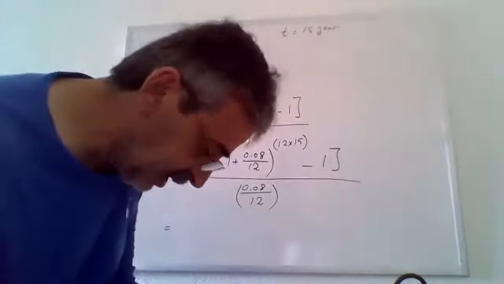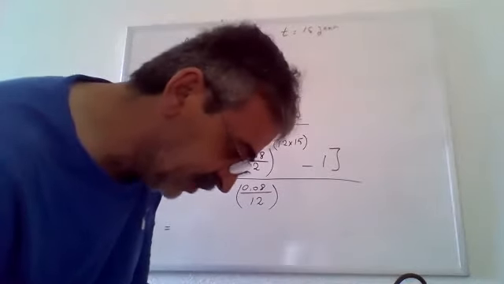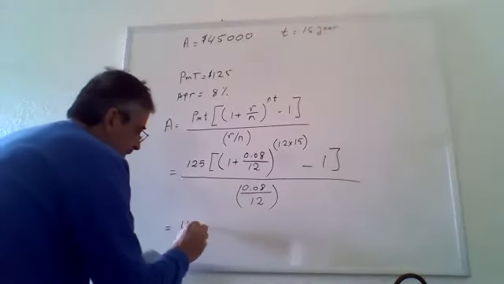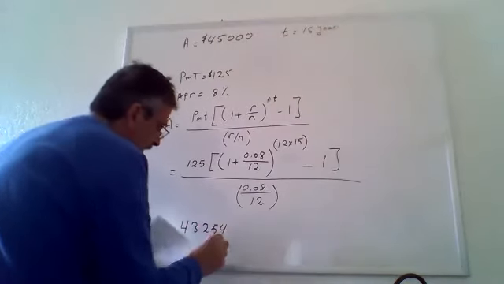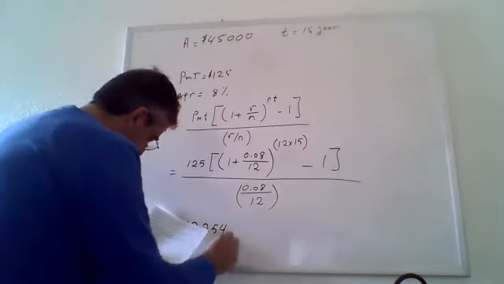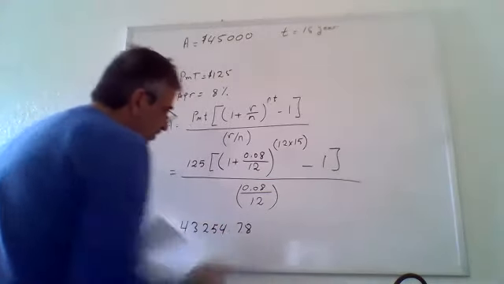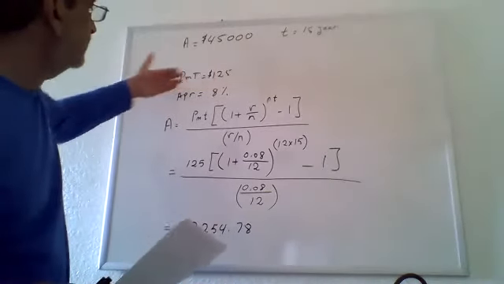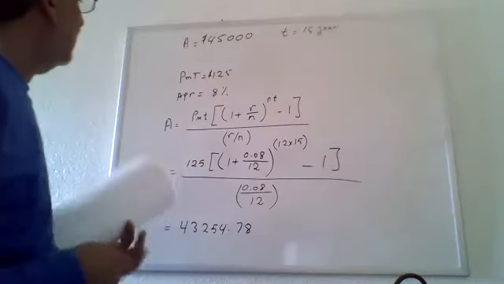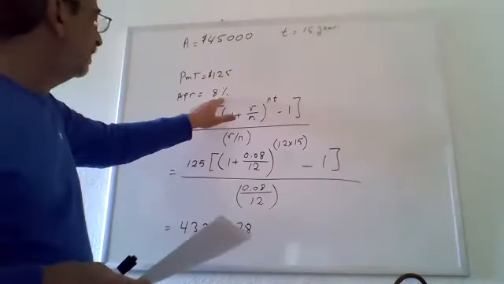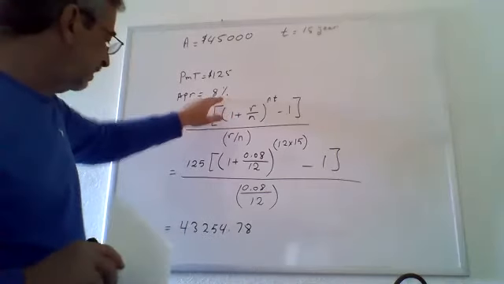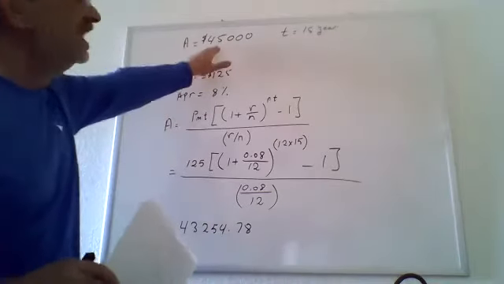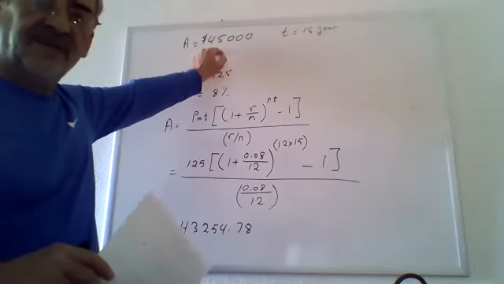So that should equal, after we do this, an amount of $43,254.78. So we can see that making this deposit every month at 8% compounded monthly is going to give me $43,254.78, which is not enough to cover $45,000.